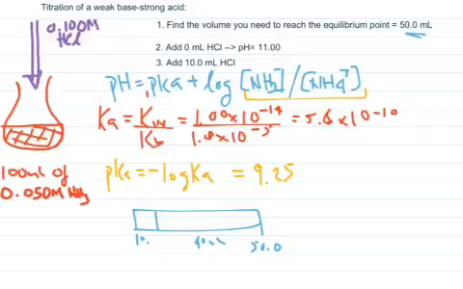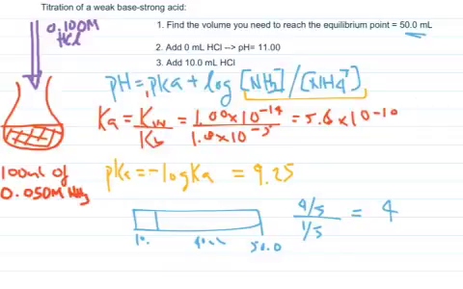So that means of the base, I have 4/5 of the base all over 1/5 of the acid, which gives me 4.